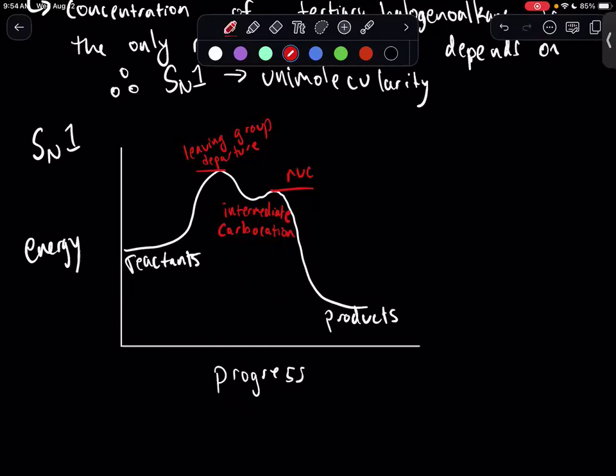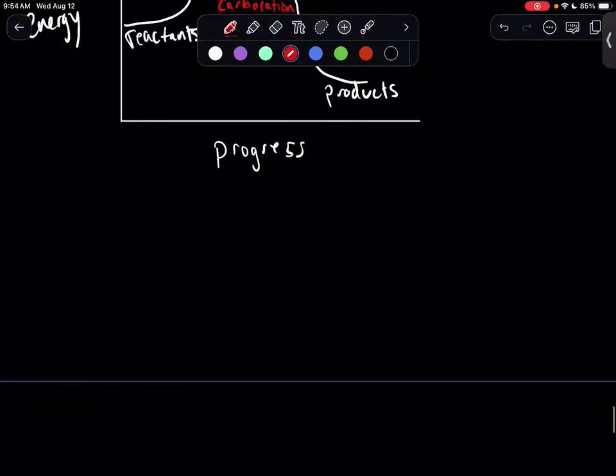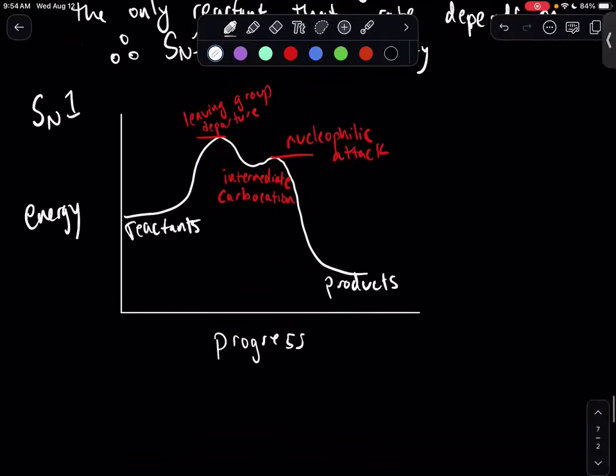This is our nucleophilic attack. You'll notice it has a much smaller activation energy, being a much faster step overall. So another quick thing I want to note is that the carbocation is much less stable than our reactants. That's kind of what also makes it so slow. And so we're going to have that at a higher energy than our reactants. All right.